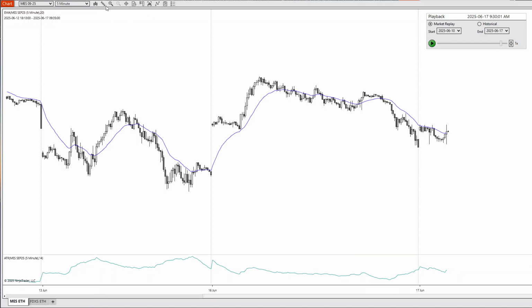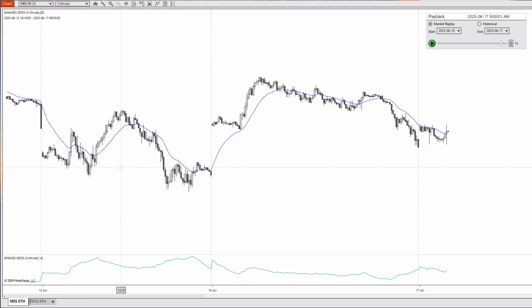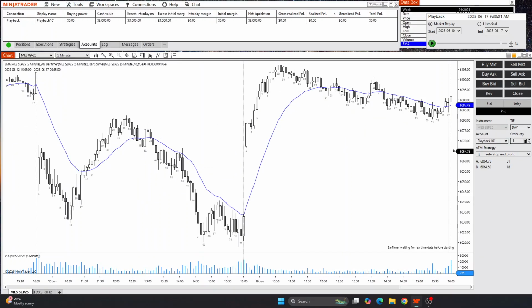Let me mark that on the chart here. Rectangle. This is the tight trading range we are on. And this could be the test of trading range, and then we can go way down. So this is the low of the Globex, and this is the high of the Globex. Just to keep that on the side here.